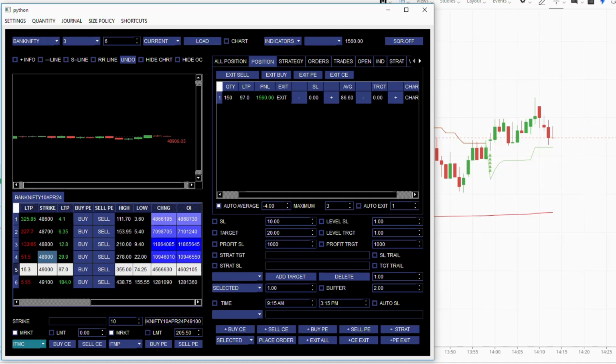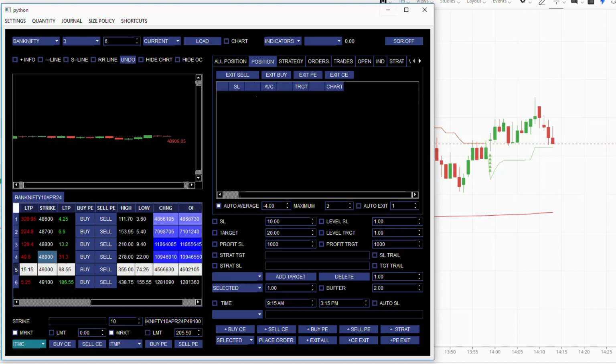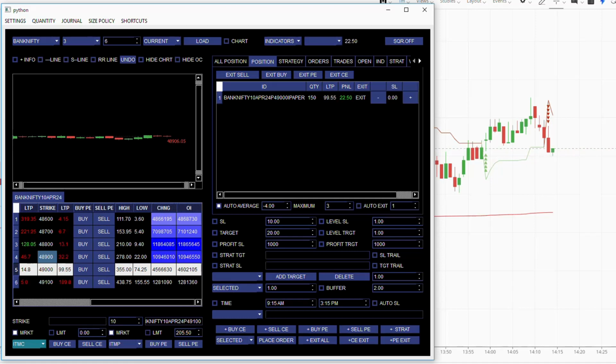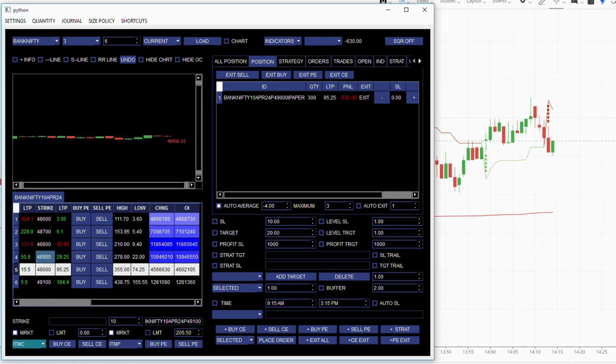I am exiting this trade and I am placing the order again. Here my average price is 99 rupees. Okay, 300 quantities, 150 more quantities added.